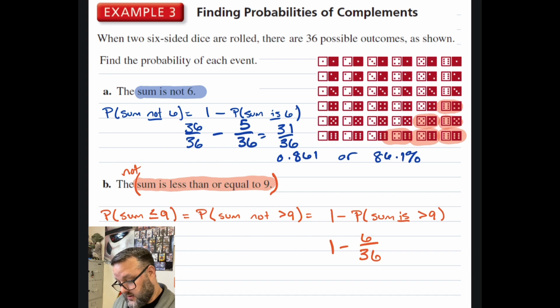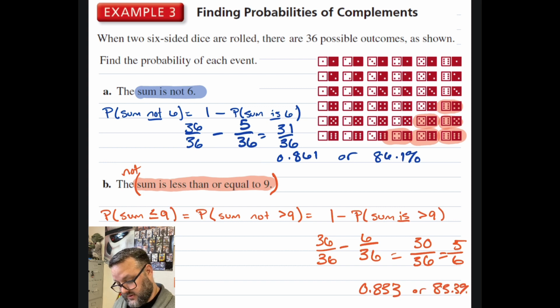So again, I can replace that 1 with 36 over 36, and I get 30 over 36, which is the same thing as 5/6. Now 5/6 is 0.833, or 83.3%.